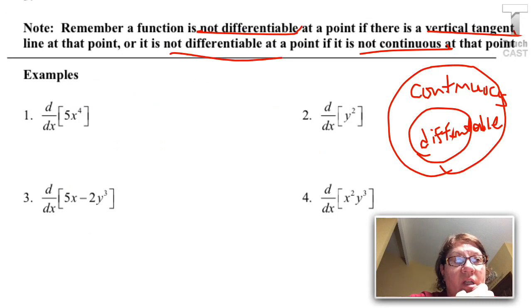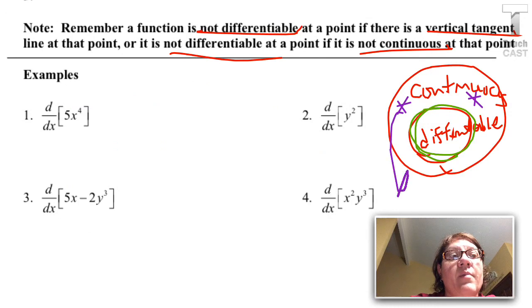That's how those two fit together. So the question is, if I'm differentiable, do I have to be continuous? And the answer is yes, because if I'm differentiable, I automatically live inside the continuous circle. But if I'm continuous, do I have to be differentiable? The answer is no, because I could live out here.